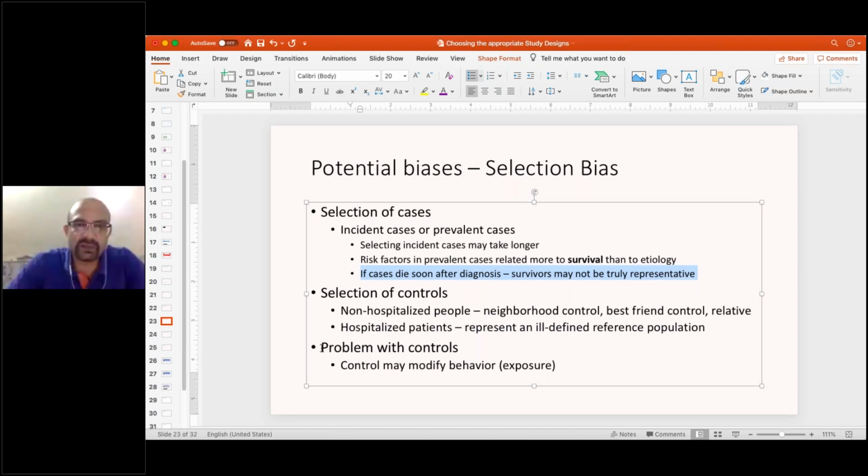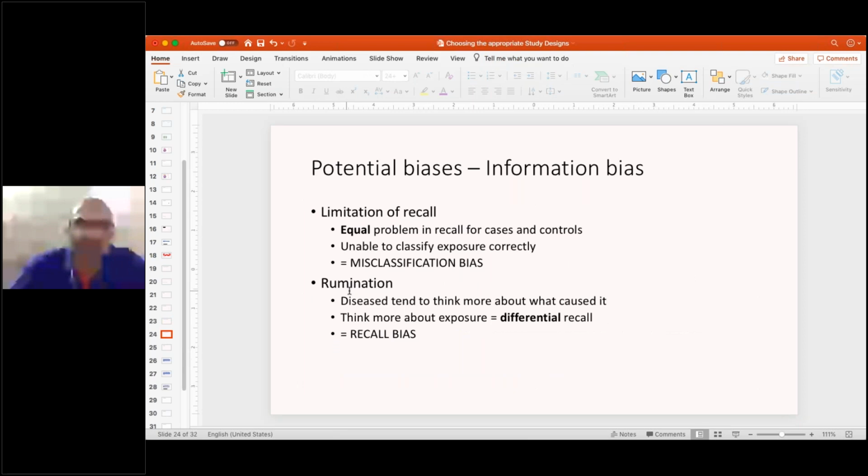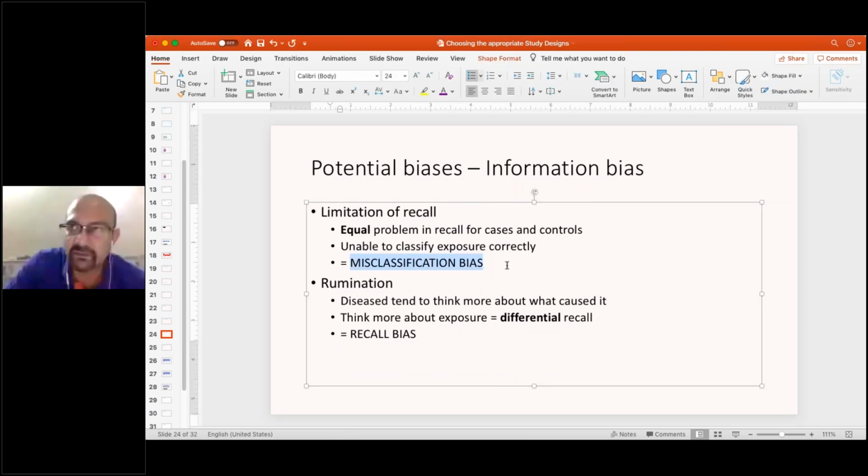One problem we see with controls is that when you recruit somebody as a control, that itself may change the behavior or exposure of that person. There is something called a misclassification bias. That means there is a limitation of recall. If you ask someone after the disease, now that you have COVID, did you wear the PPE properly or not?